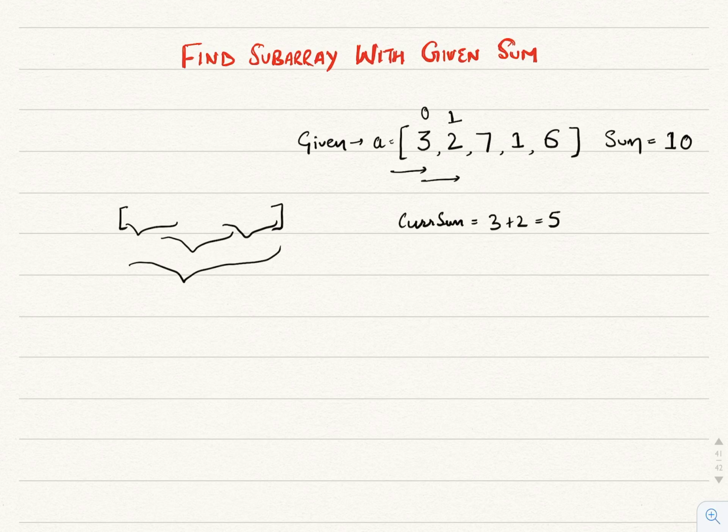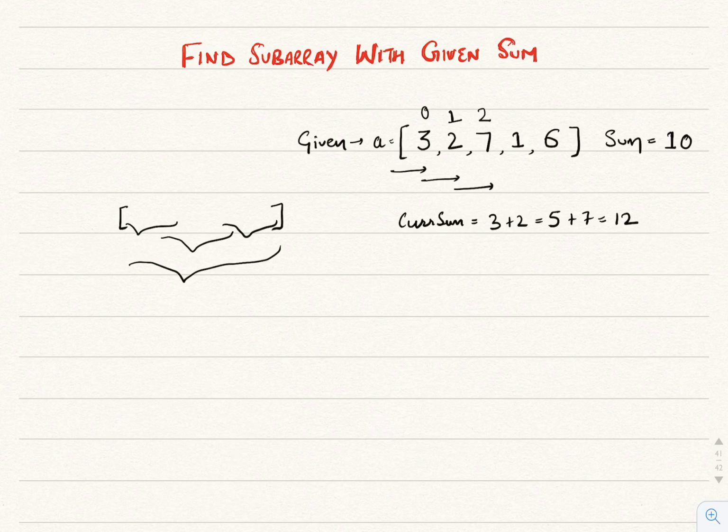So the sum at index 1 will hold 5. Similarly, if we move from element 2 to element 7, then the current sum will be 5 plus 7, which will be 12, and index 2 will hold the 12, which is the sum up to this index.